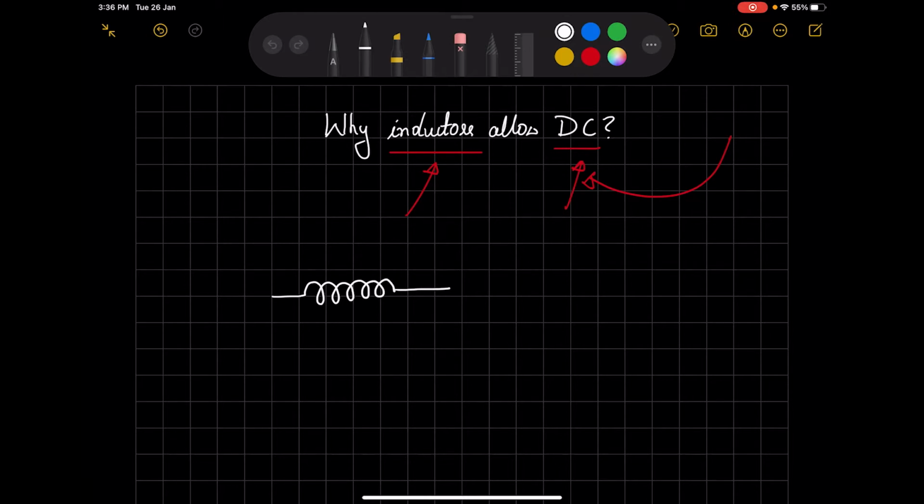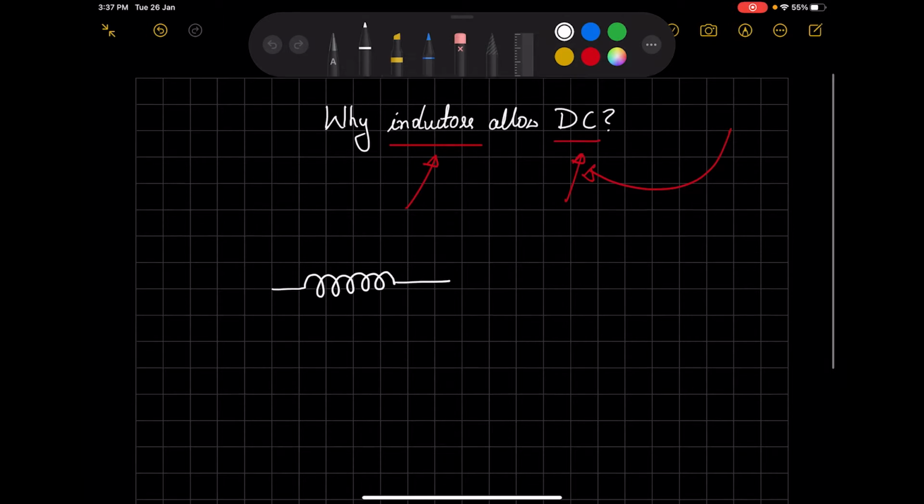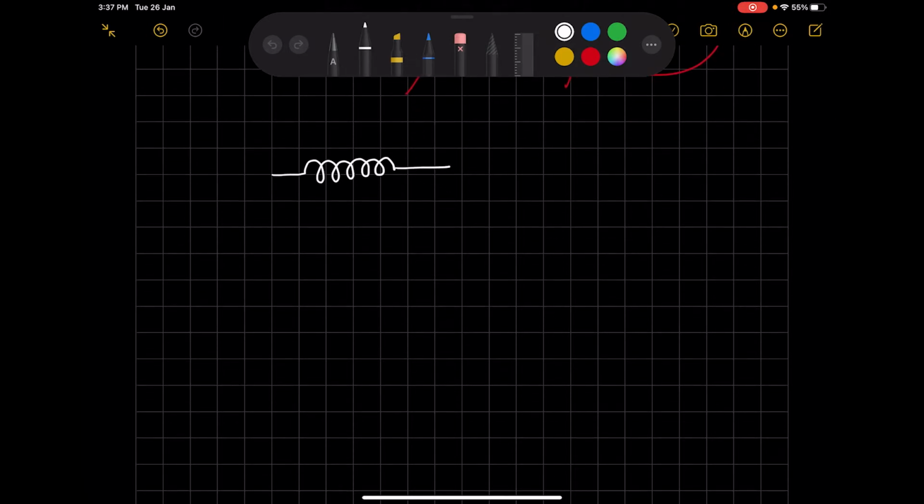Before we understand what DC does to an inductor, you need to first understand what a DC current does to a normal wire. If you have a wire and it carries a DC current I, then a current carrying conductor produces a magnetic field around it.